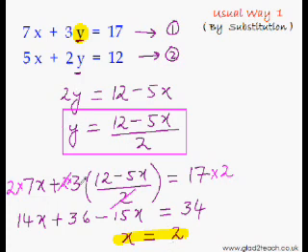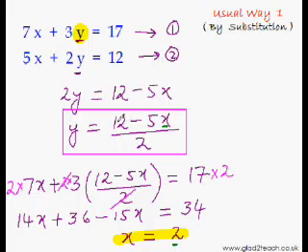But even after doing all this hard work, our job is only half done. Why? Because we still have to find the value of y. But we can do that very easily. Simply put this value of x here and you'll get the value of y. Minus 5 times 2 would be minus 10.